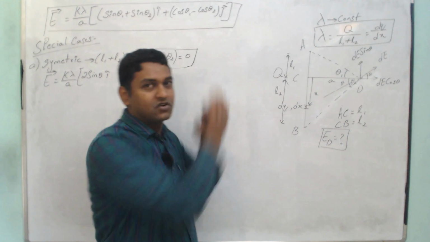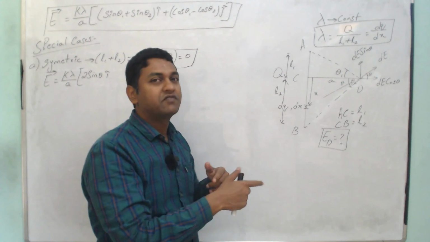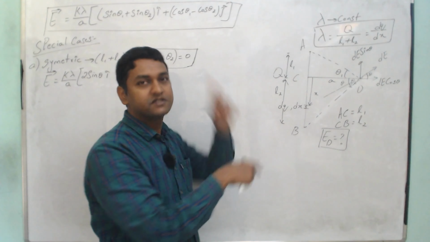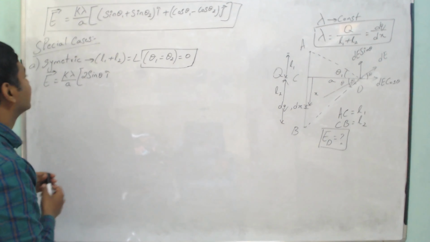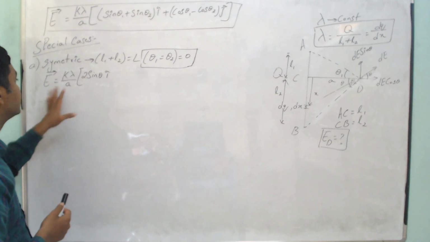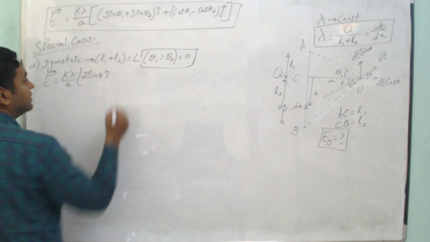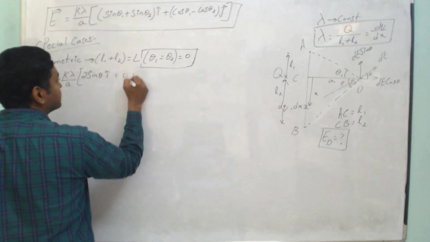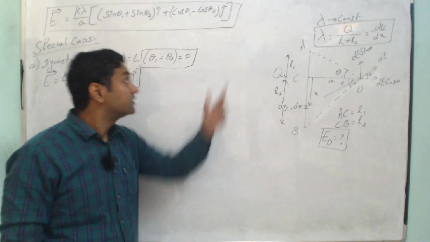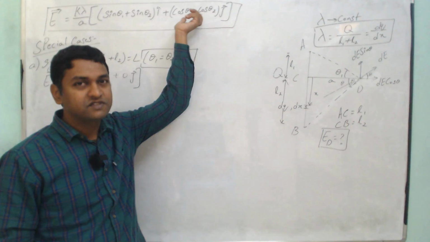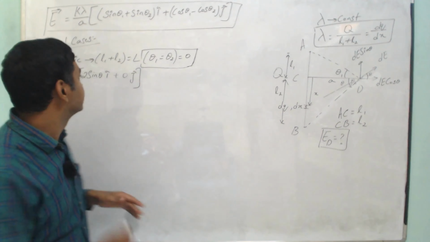Cos theta components are adding up, right? After integration, that cos theta becomes this fellow. Fine? Okay, so E is equal to K lambda by A 2 sine theta i cap. And here, if you remember, 0 j cap. These are those sine theta components which get cancelled.